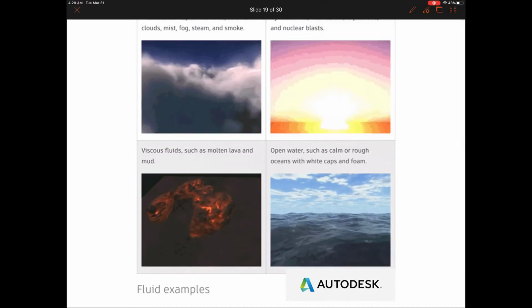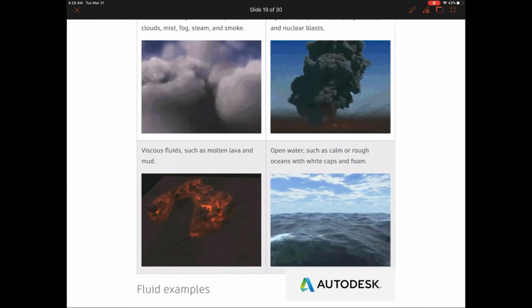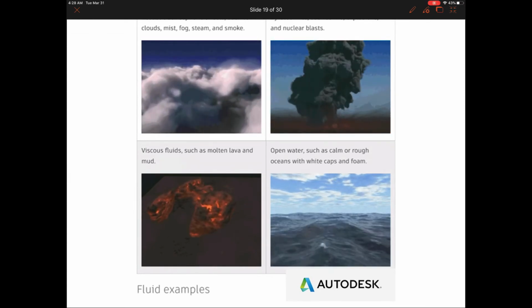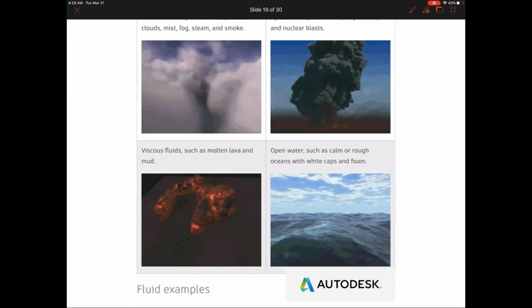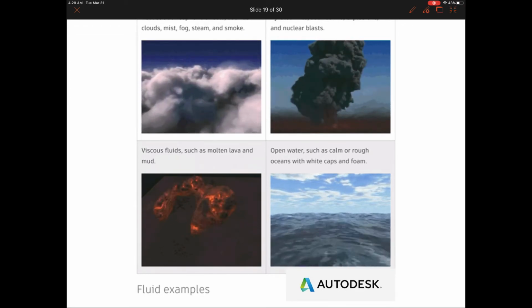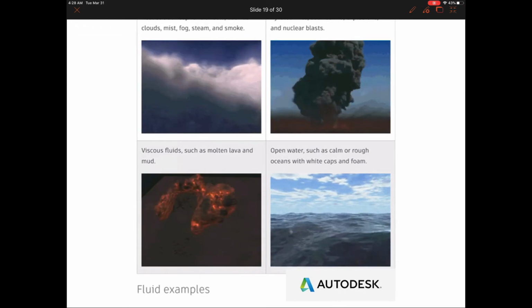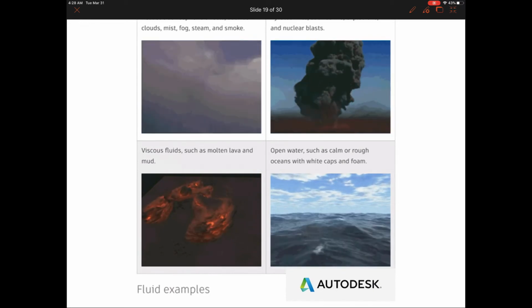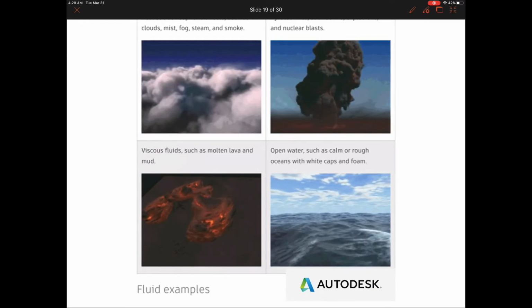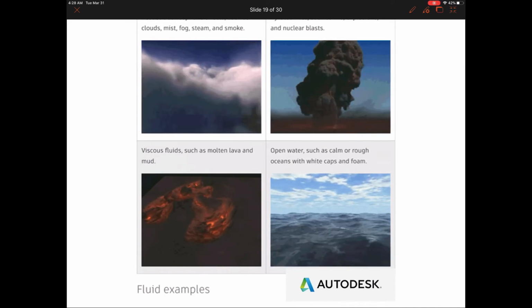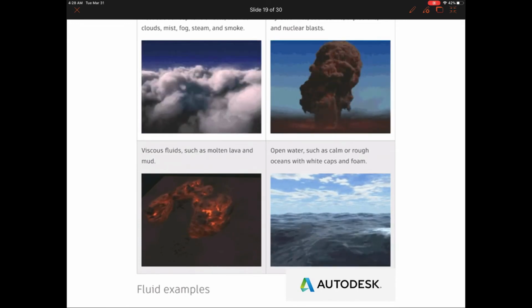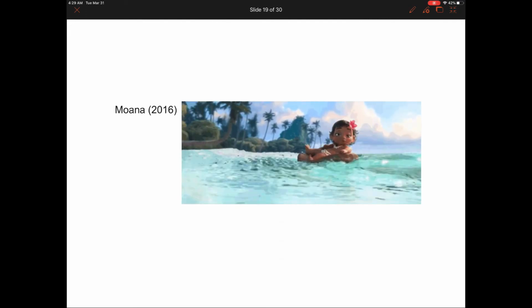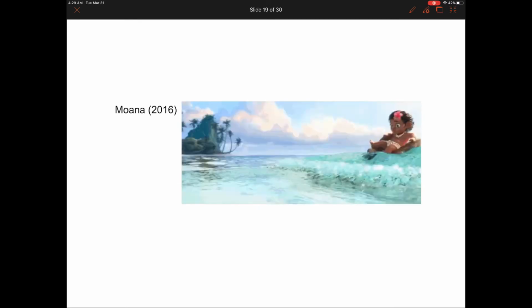And that work ends up manifesting itself in all of these types of graphics that you can see here. So these viscous fluids on the left, these molten lava, we have explosions, we have the surface of the ocean, we're flying through clouds. All of this represents manifestations of the Navier-Stokes equations. And that same team that was involved with some of that early work on Deep Impact, as well as The Day After Tomorrow, that work on the water flowing through Manhattan, also supported some of the work that Disney eventually put out with Moana and Pixar.